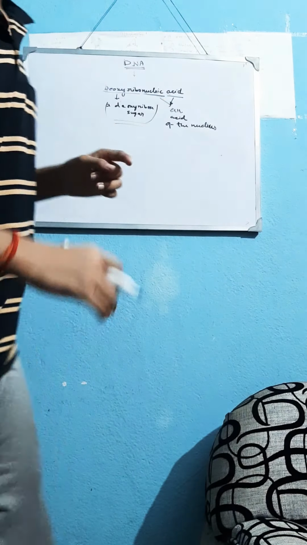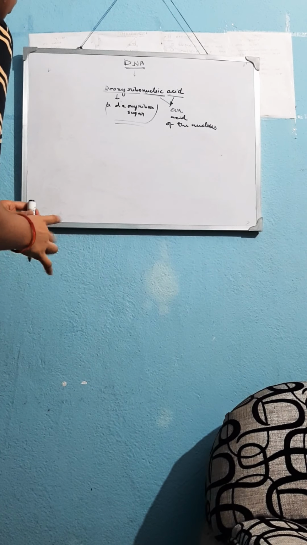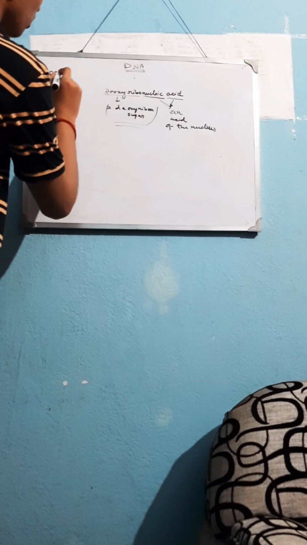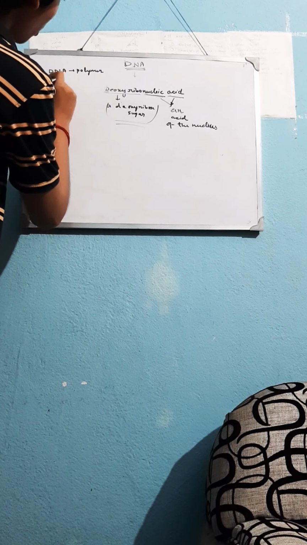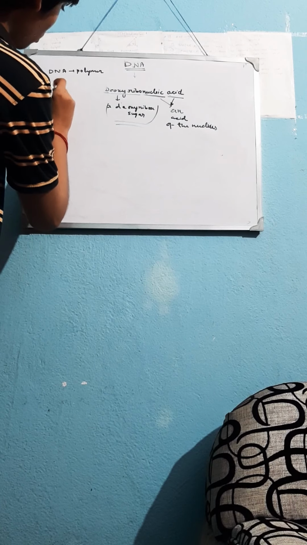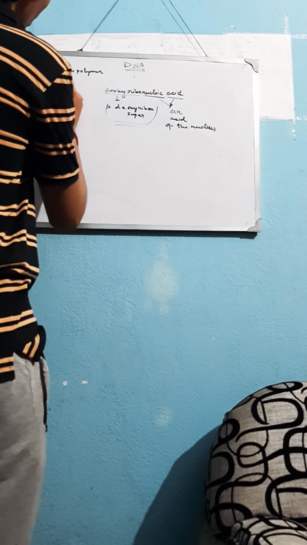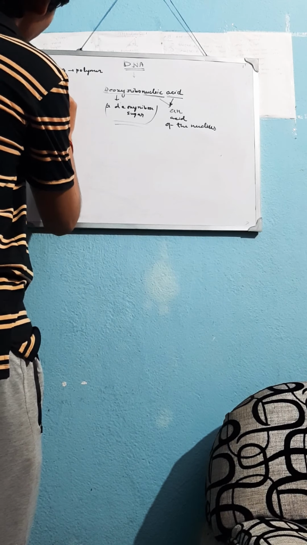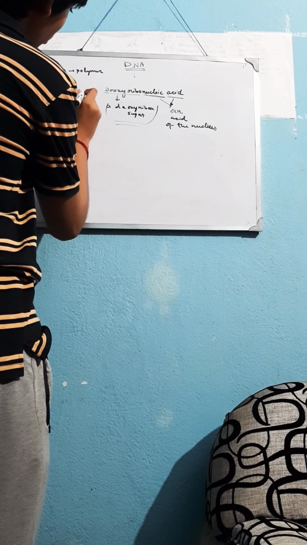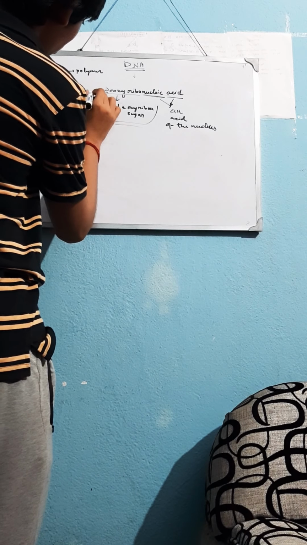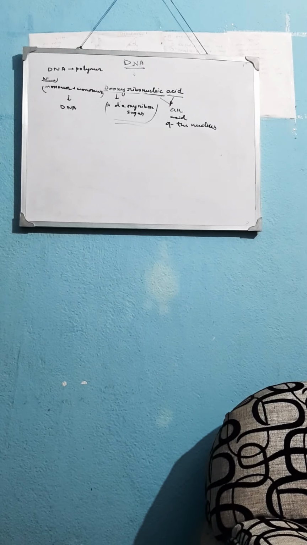So the basic structure of a deoxyribose sugar is given below, and particularly you should know that DNA is the polymer, and its monomer forms DNA. So DNA is a polymer.